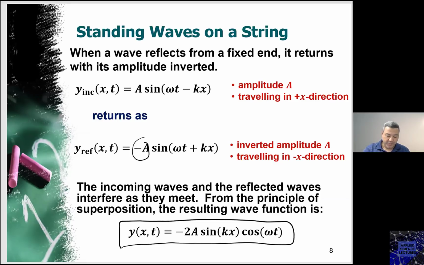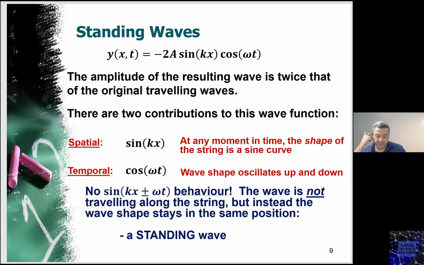And now this standing wave, as we will see, is the contribution of the spatial and the temporal. So this is the temporal and this is the spatial. So in this case, you will not see a traveling wave. What you're going to see is a wave that is vibrating in its place, and this is why we call it a standing wave shape.